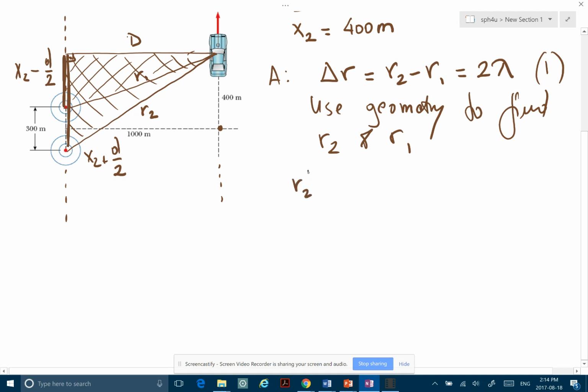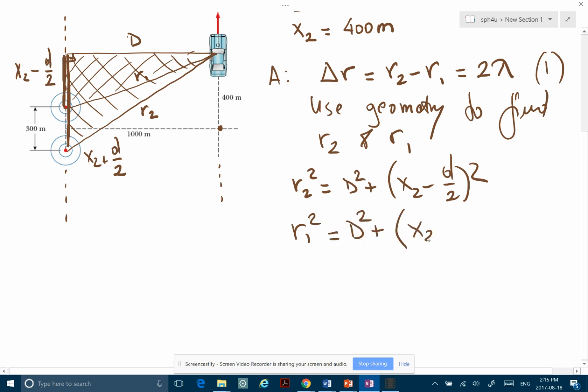So we have R2 squared is equal to D squared plus x2 minus D over 2 squared, and R1 squared is equal to D squared plus x2 plus D over 2 squared. All right, we're not going to try to derive an equation.